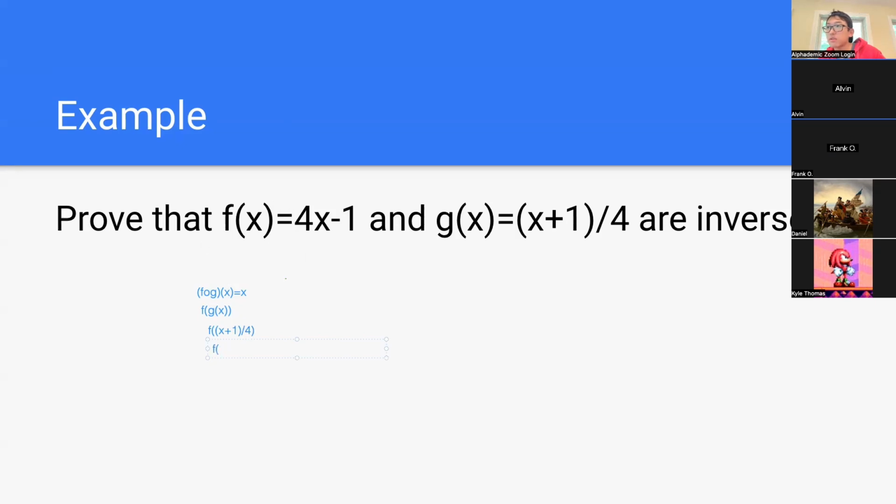So f of (x plus 1) divided by 4 equals 4 times, this is a bit hard to write, (x plus 1) divided by 4 minus 1, right? And then in the end, once you simplify it all out, you get x plus 1 minus 1, and the answer you are finally left with is x.